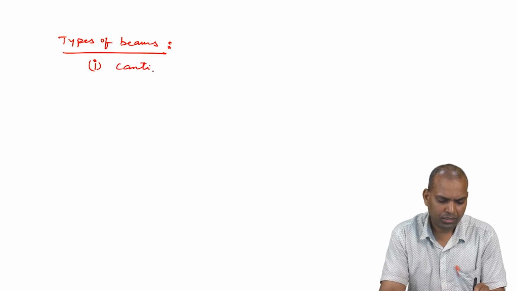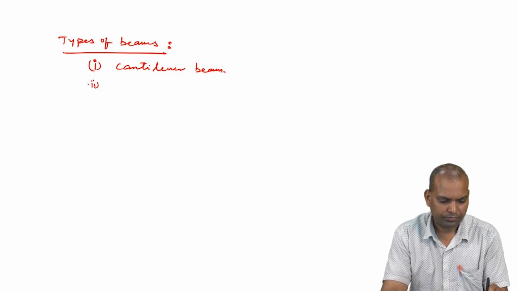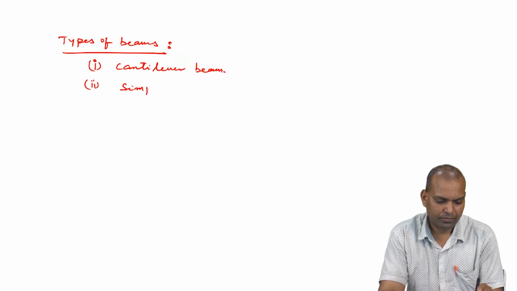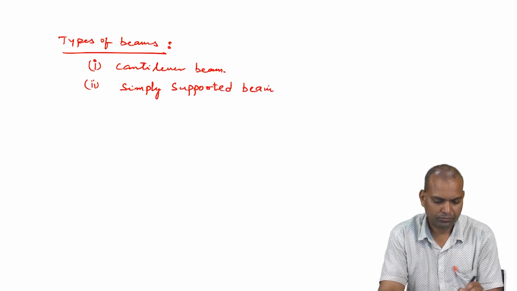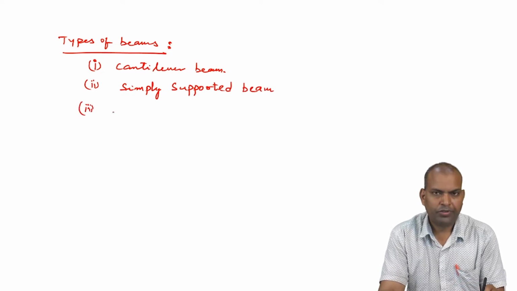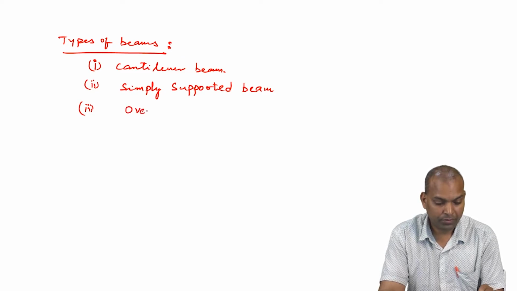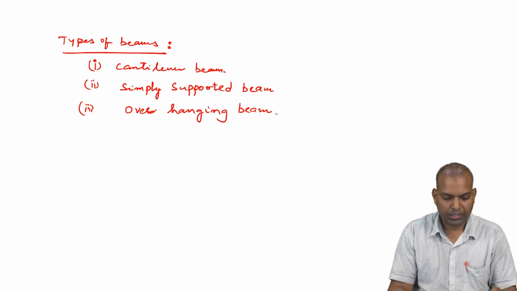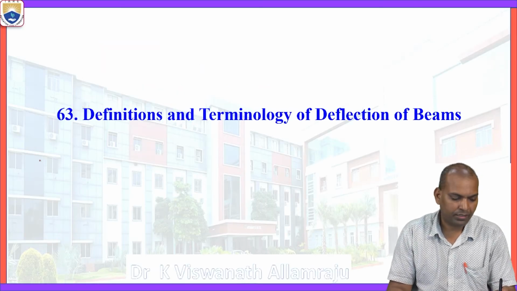Number one is the cantilever beam, the second one is the simply supported beam, and the third one is the overhanging beam.